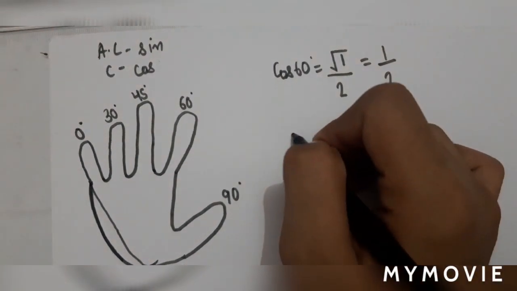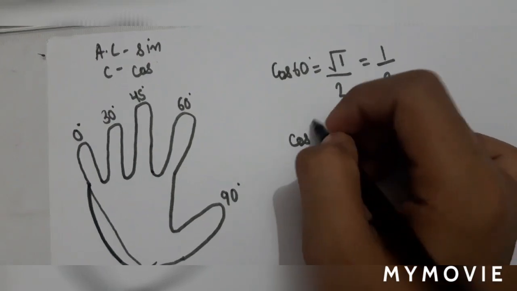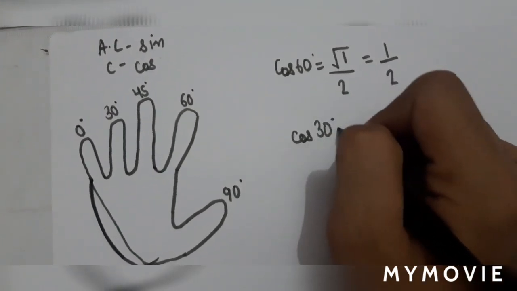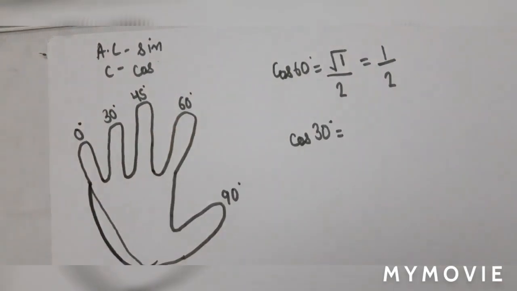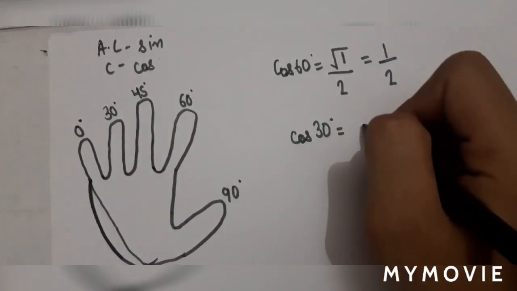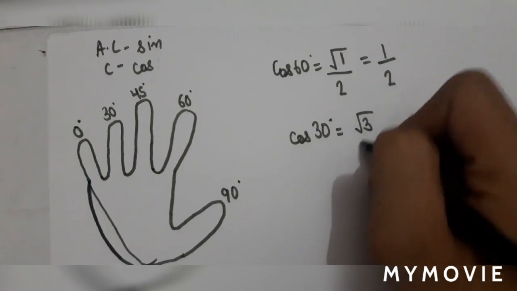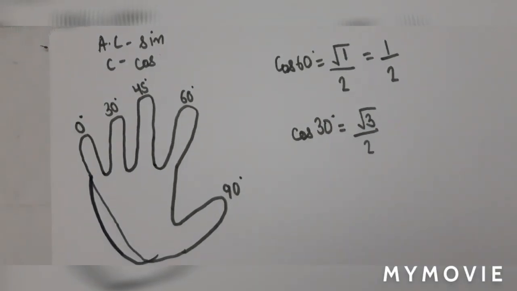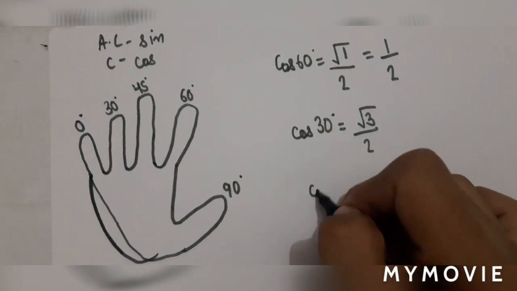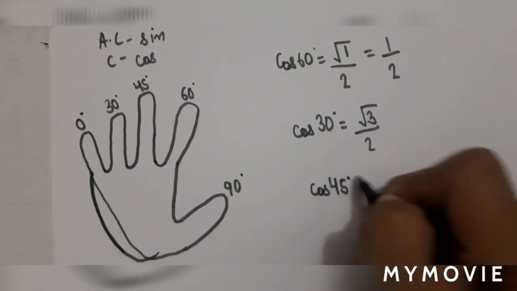So let's take one more example, cos 30. How many are remaining this side? 1, 2, 3. 3 are remaining. So we should find the root of 3 and divide it by 2. So we got our cos 30 value. So cos 45.